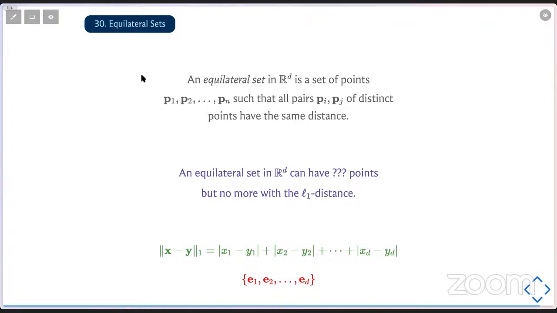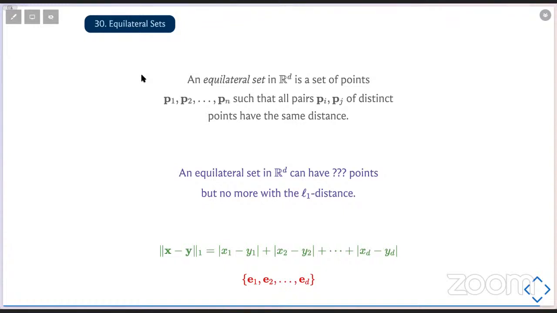So maybe we curtail our ambitions. Still, I think it's mentioned in the miniature, and I should probably say it, the best known upper bound for the longest time was actually exponential. Now, not anymore, because the upper bounds have come down, but for the longest time it was completely conceivable that you could have a collection of exponentially many points that are equilateral under L1.